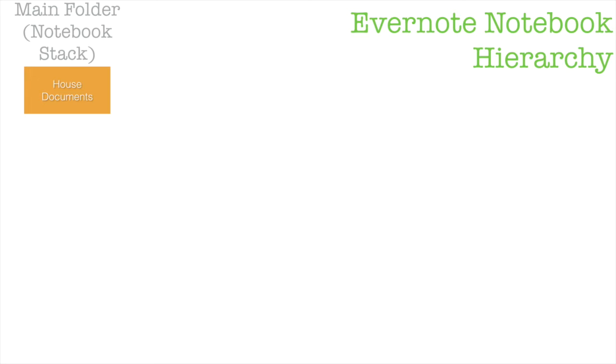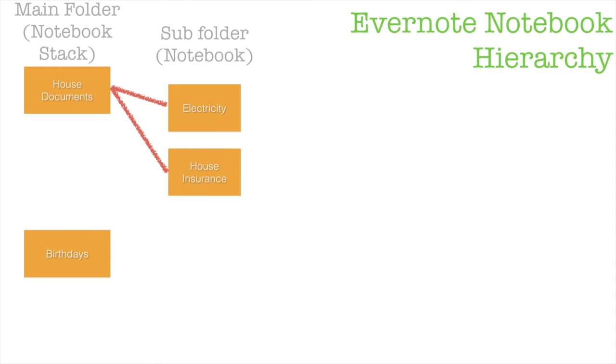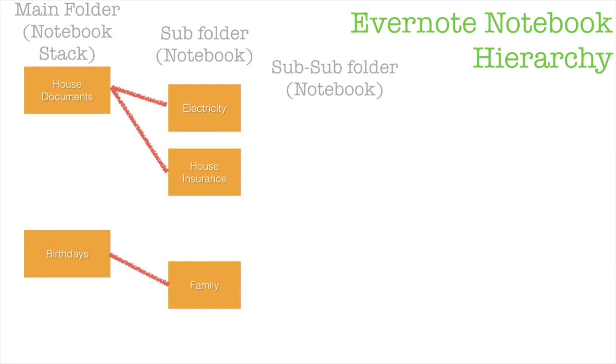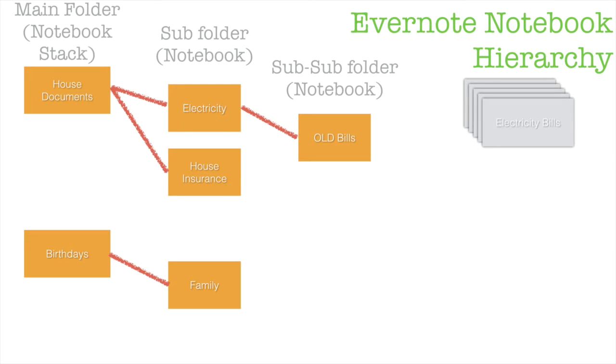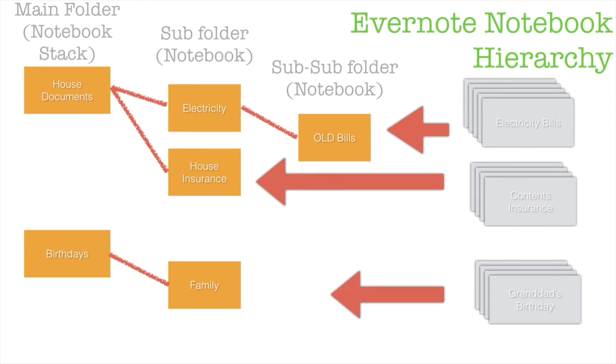And what I mean here is I have my house documents and I have my birthdays. I have my subfolders, like I had just now, but I want a subfolder within electricity, and that really is my old bills. I have all my notes as I had before, everything going again, and I want to put my old bills into the third one.